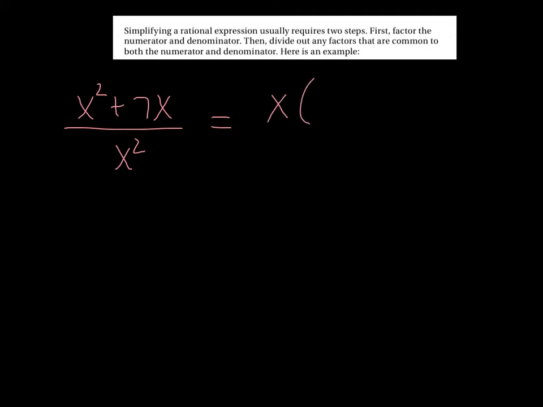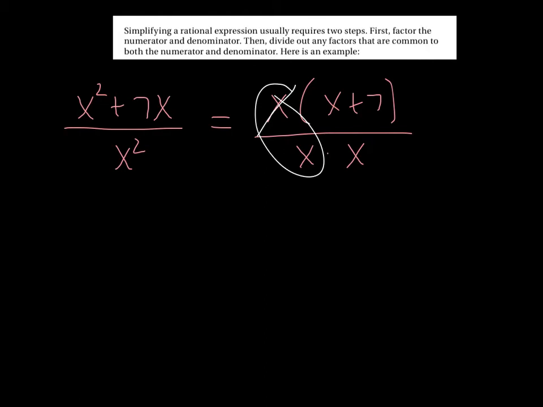X is in both terms, so you're going to be left with x plus 7 over x squared. I'm just going to write x squared like this, sort of factoring apart the x squared. Now what can we cancel out? X divided by x is 1, leaving us with a final answer of x plus 7 all over x. And that's our final answer.